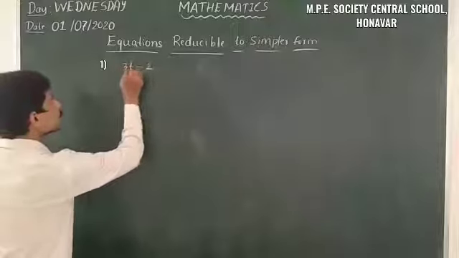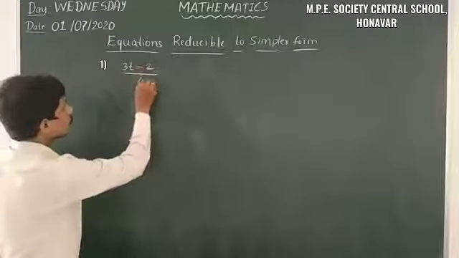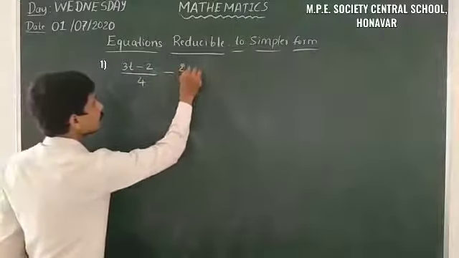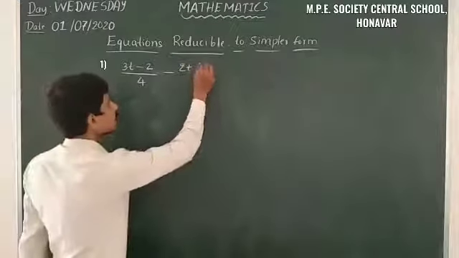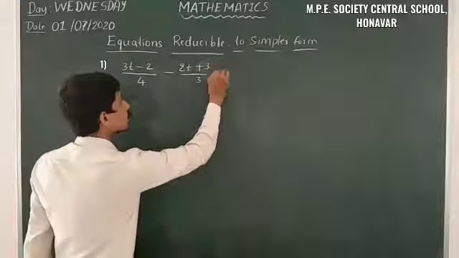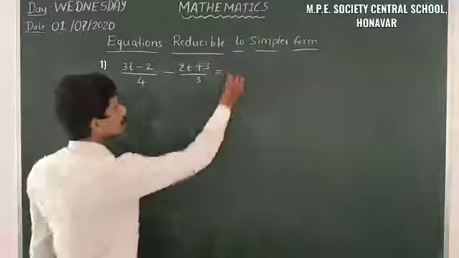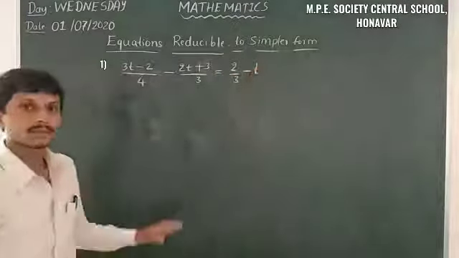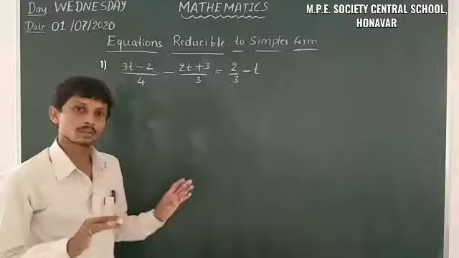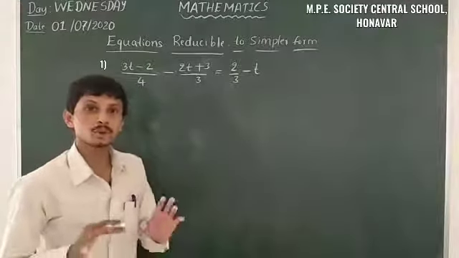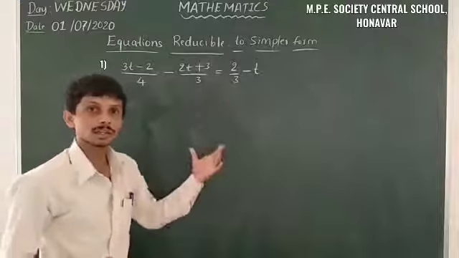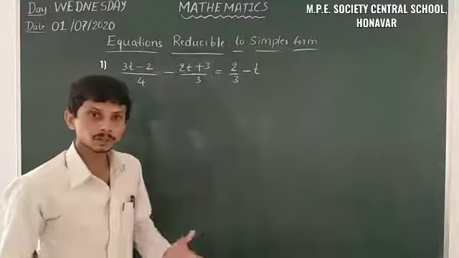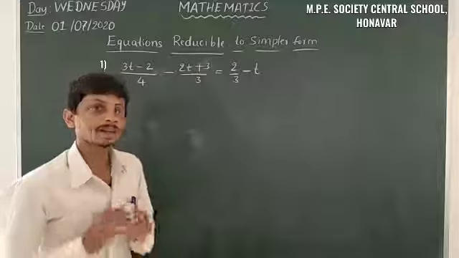(3t minus 2) divided by 4 minus (2t plus 3) by 3 is equal to 2 by 3 minus t. We have to solve this equation, or reduce this equation into simpler form. After that we have to find the value of t here.